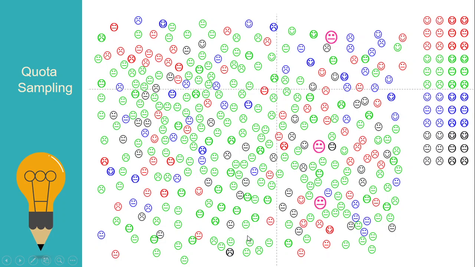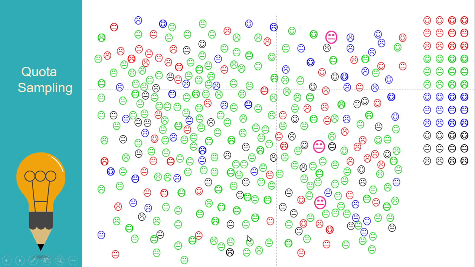It can be easily administered and helps in quick comparison. That's why we collect the information in the sample by quota. We give a specific quota for specific groups and we collect the sample from them.